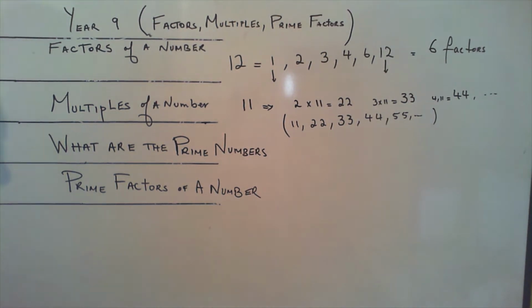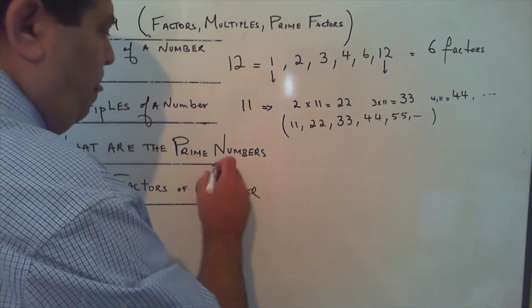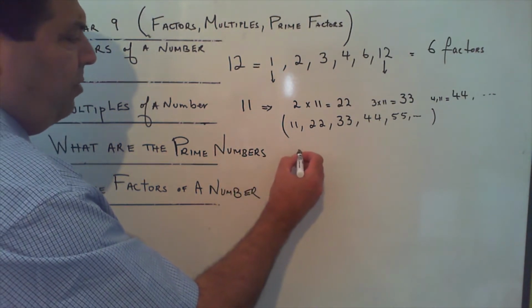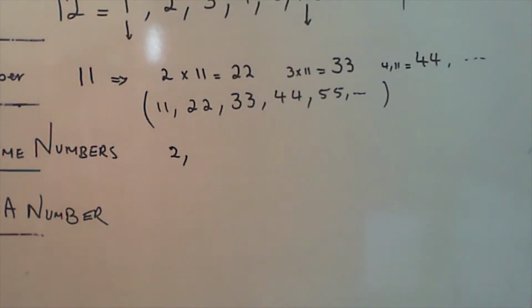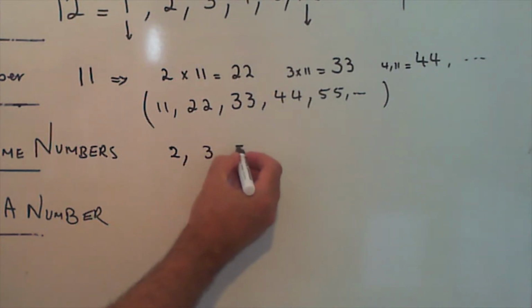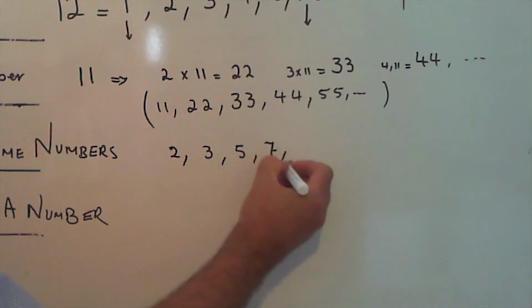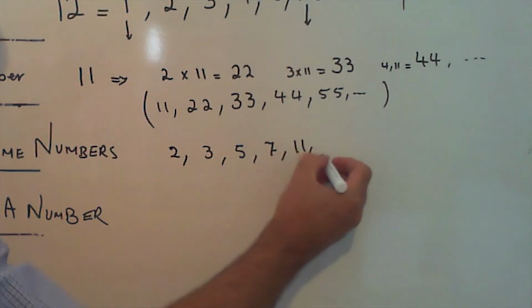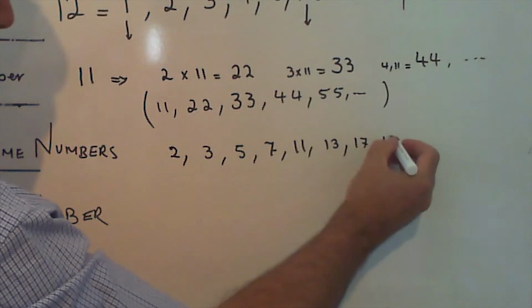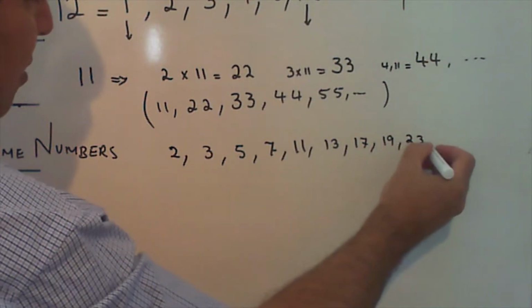What are the prime numbers? The definition of prime numbers is that they are the numbers that can only be divided by 1 and themselves. For example, start with the number 2. 2 can only be divided by 1 and 2, and then 3, then you've got 5, 7, and then 11, 13, 17, 19, and then you go to 23 and you go on.